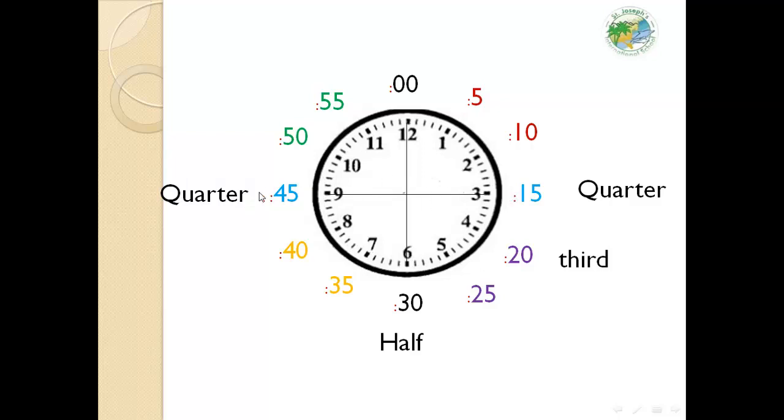What is the difference between the quarter here at 9, 45, and the quarter here at 15? What is the difference between them? When I see the long hand in the right part of the clock, from 0 to 30, this is the right part, and we say quarter past.